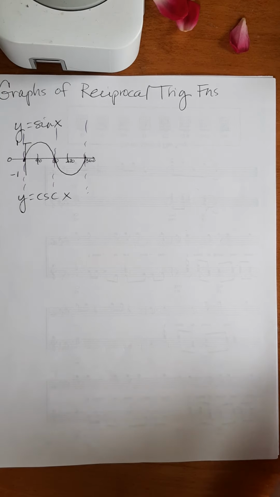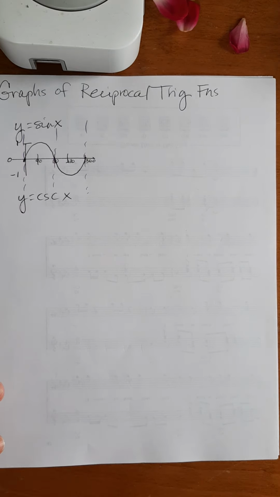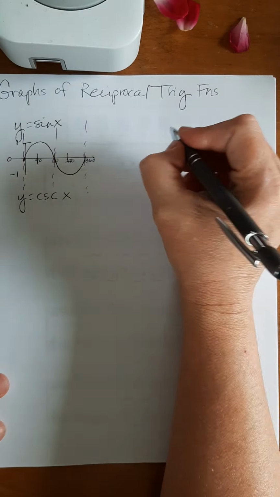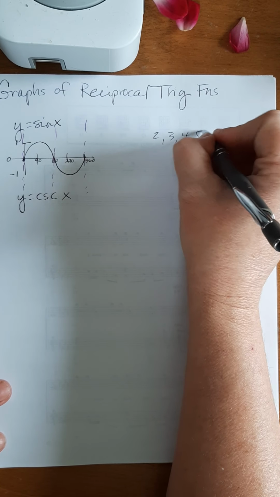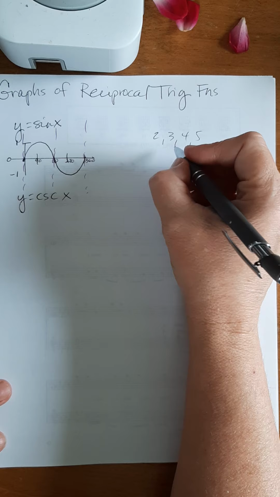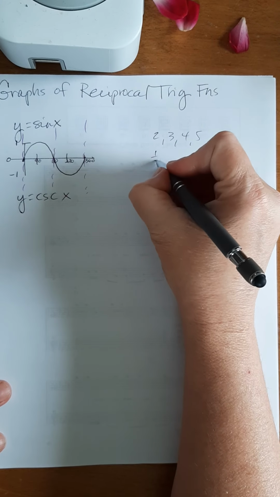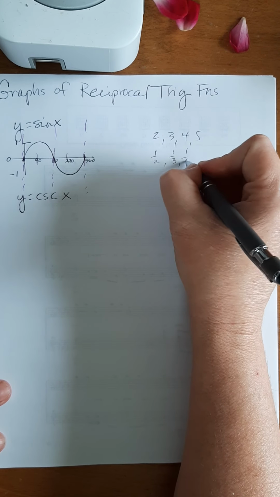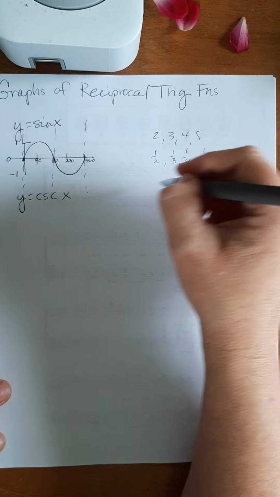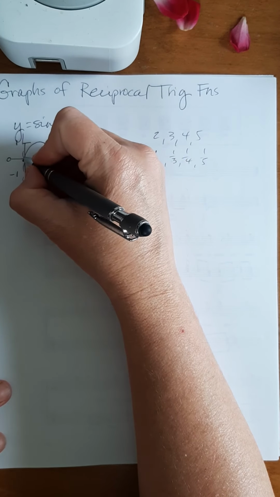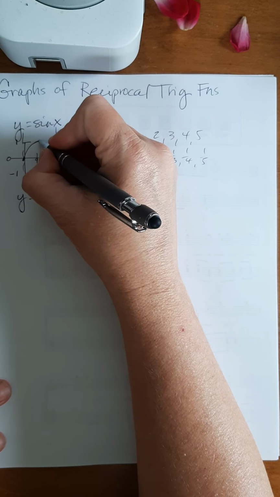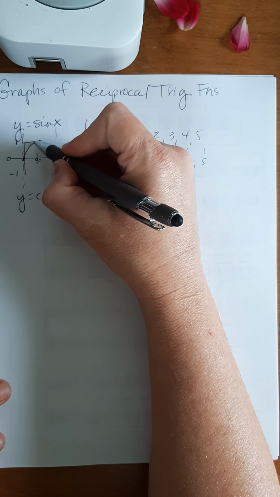The second thing is wherever it's increasing, well, when you take its reciprocal, it's going to be decreasing. Because see, if I had 2, 3, 4, 5, it's increasing. It's getting bigger. But if I flipped them, 1/2, 1/3, 1/4, 1/5, it's getting smaller. So see how from here to this point at 90, you're increasing.